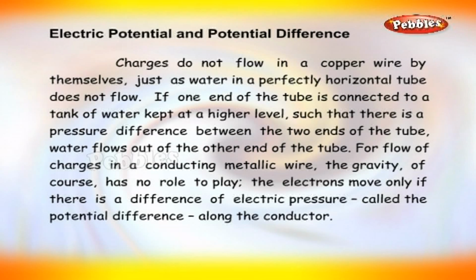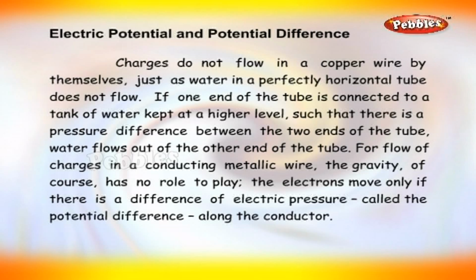Electric potential and potential difference. Charges do not flow in a copper wire by themselves, just as water in a perfectly horizontal tube does not flow. If one end of the tube is connected to a tank of water kept at a higher level, such that there is a pressure difference between the two ends of the tube, water flows out of the other end of the tube.